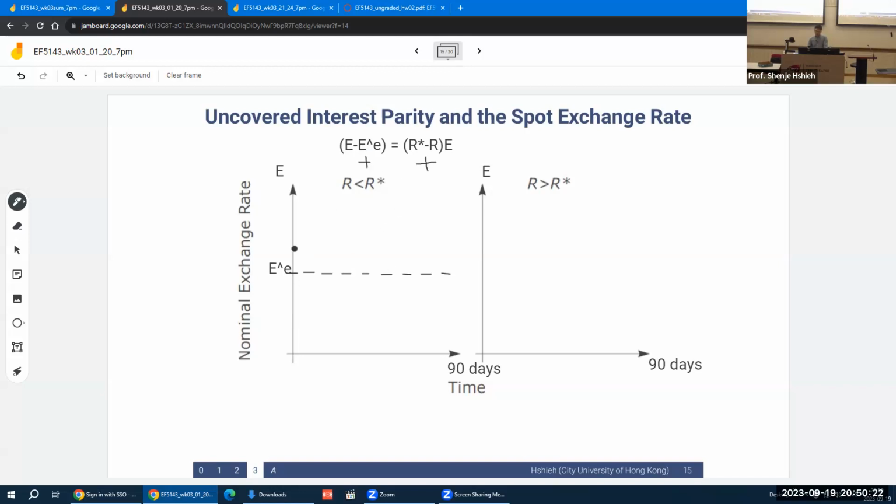And if our beliefs about the future spot exchange rate are anchored at this line here, and this is, for example, the origin, then this current spot exchange rate E, just regular E, must be above E hat E. Agree? So I'm going to use E naught to denote the spot exchange rate at this precise moment.